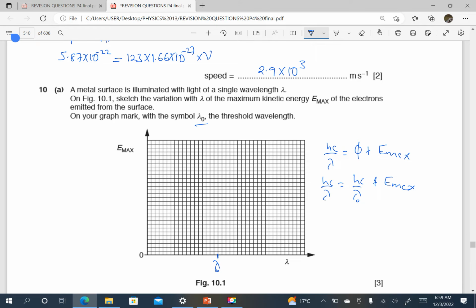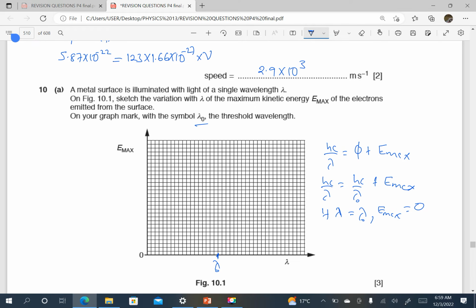Emax will be 0. If lambda is the same as lambda naught, on the left you have hc over lambda naught, and it equals hc over lambda naught plus Emax. So this means Emax is going to be 0. So at Emax equals 0, the graph must be touching lambda naught.